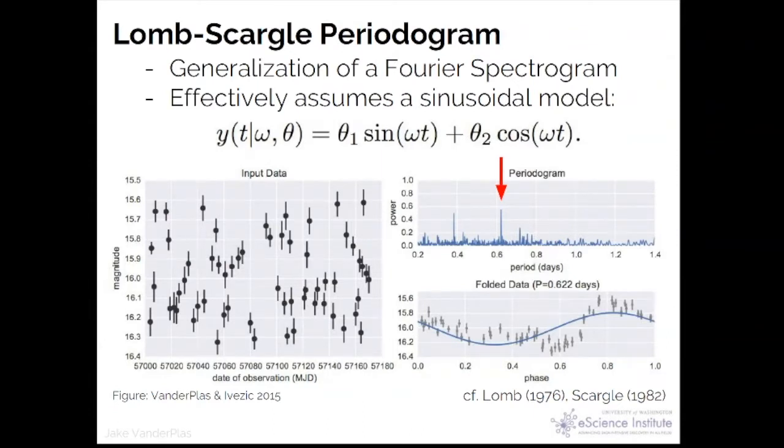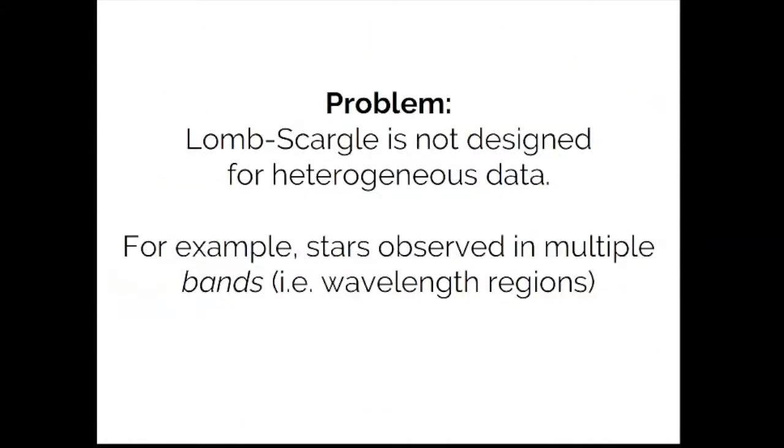Wherever the peak is in this kind of inverse chi-squared space tells you what the best period is, right? This has been used a lot for years, but the problem is that it doesn't really work for heterogeneous data. And the modern surveys that we have are creating these data in multiple bandpasses. We're observing in red and green and blue and ultraviolet and infrared.